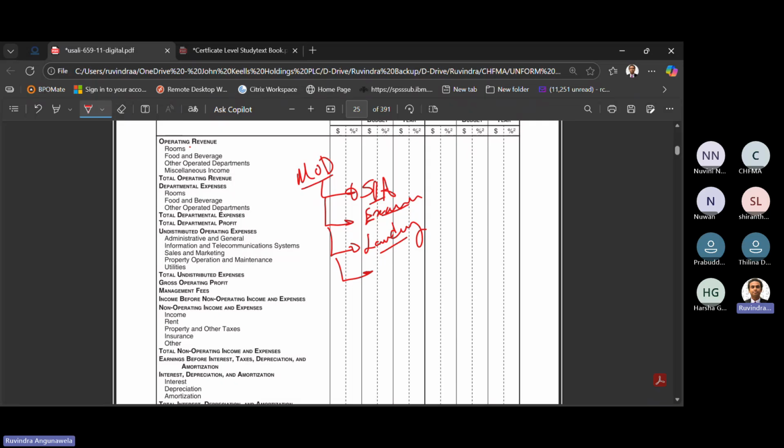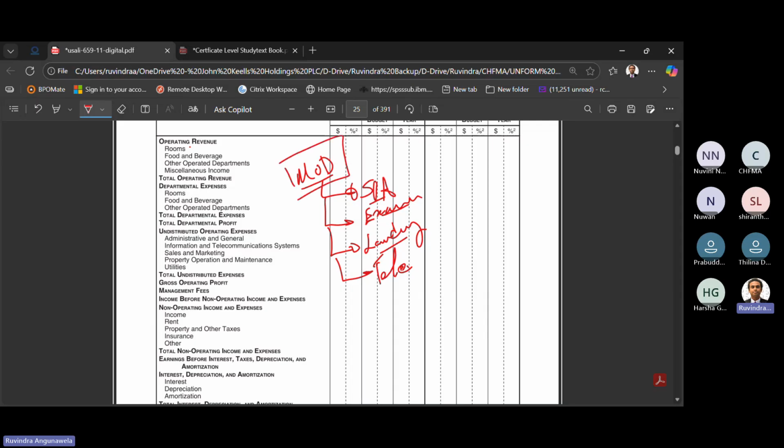Then sometimes telephones, telecommunication, right? Some hotels charge for the telephone calls and so on. If those are charged and the hotel generates an income, then it becomes a mine operating department. Remember, I told you mine operating departments generate revenue, whilst they're using resources and incurring expenses, but they incur those expenses to generate revenue. So that is what a mine operating department is.